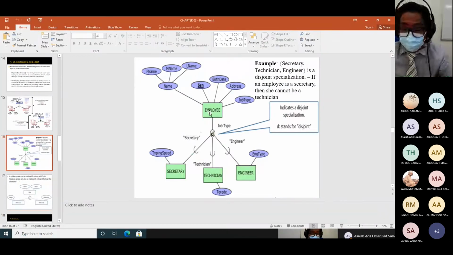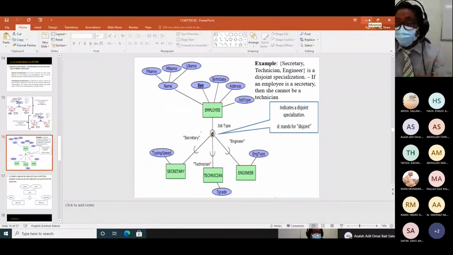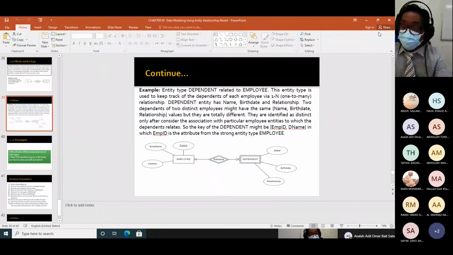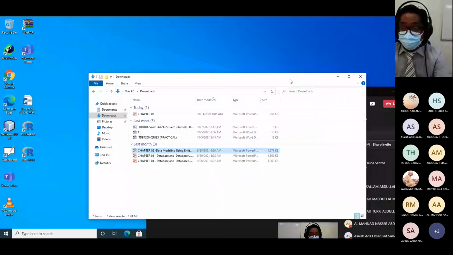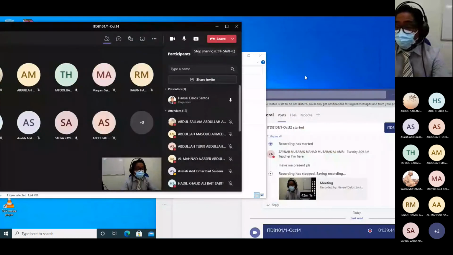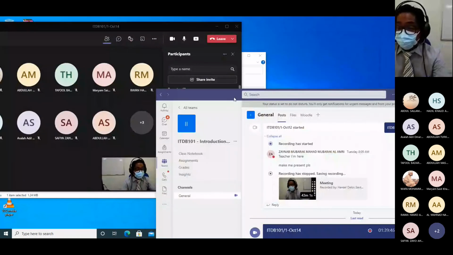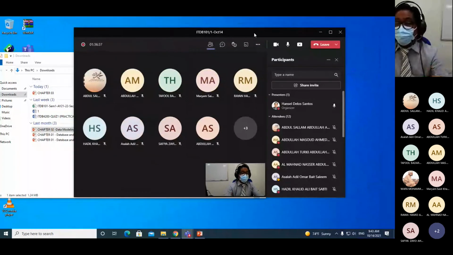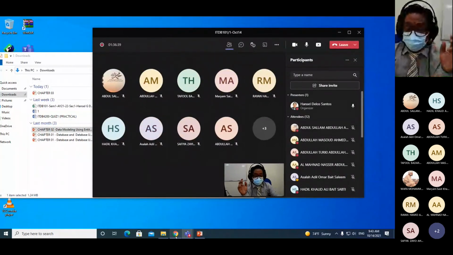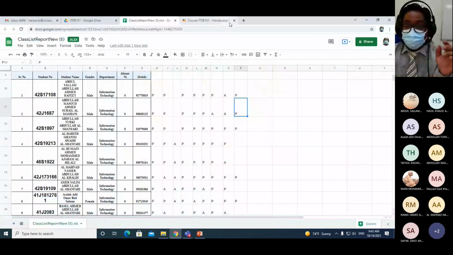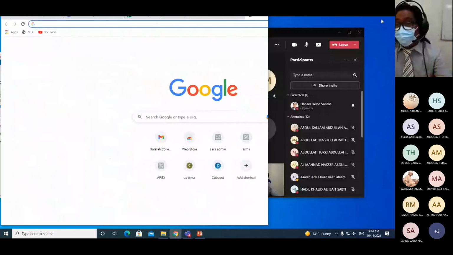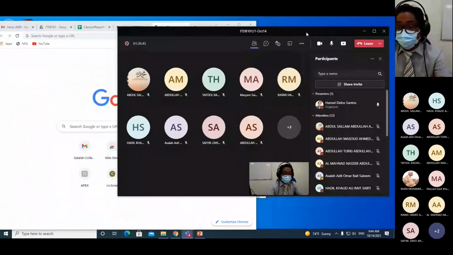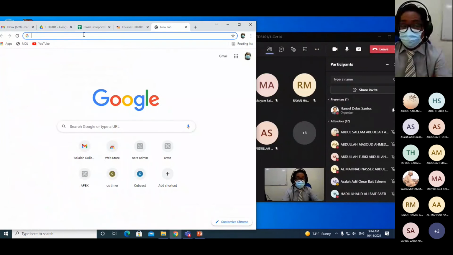Okay, so hopefully you understand this chapter fairly well, because this chapter, just like I said, is only an extension, an expanded version of our chapter 2. We just make it much better and clearer when it comes to the illustration of our ERD. So that would be an enhanced version, and of course.